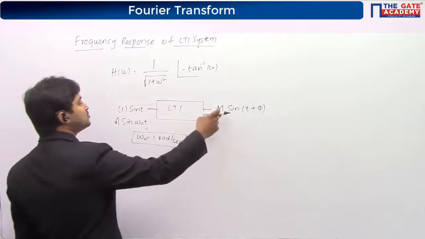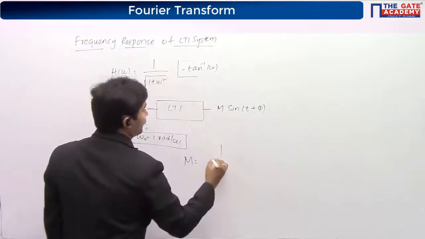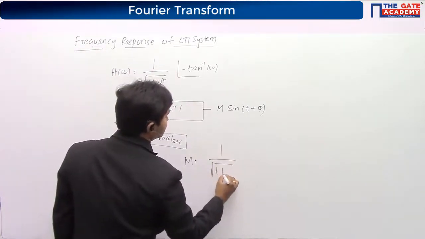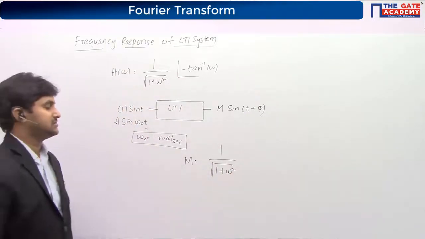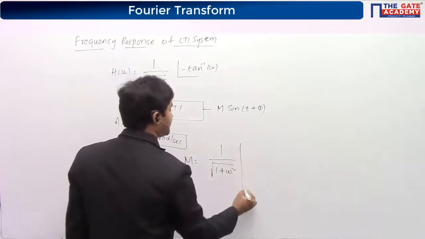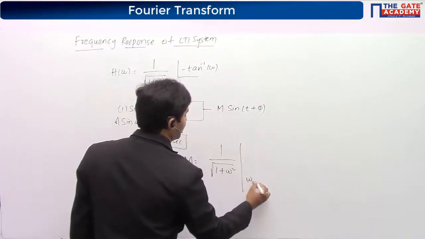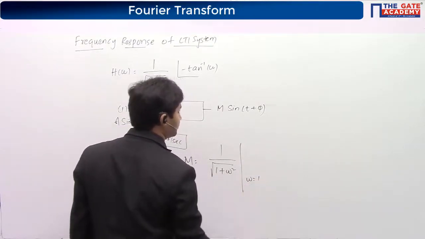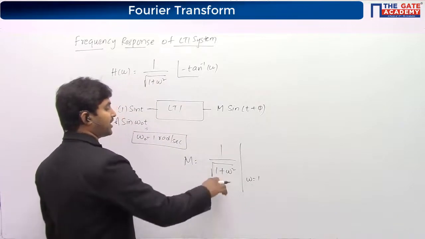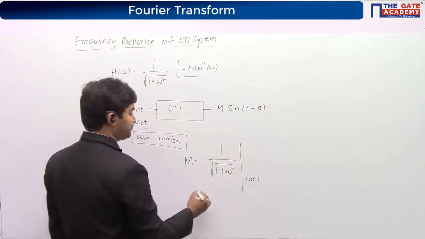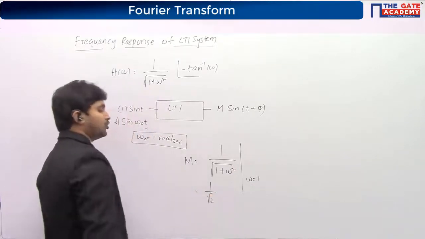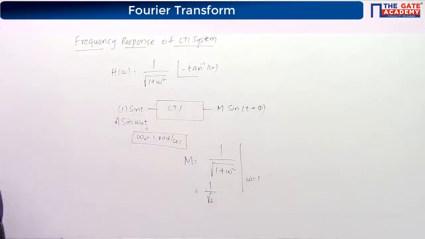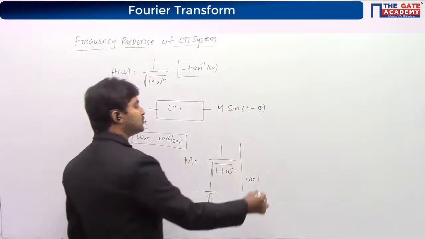What is the M value? M is nothing but 1 by under root of 1 plus omega square at omega equal to omega naught, which is 1. So it is going to become 1 by root 2. And what about the phase value?